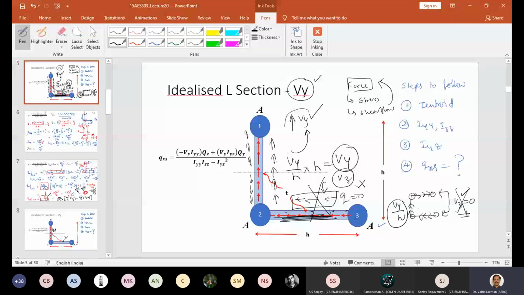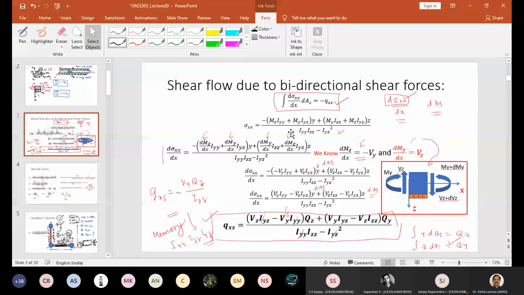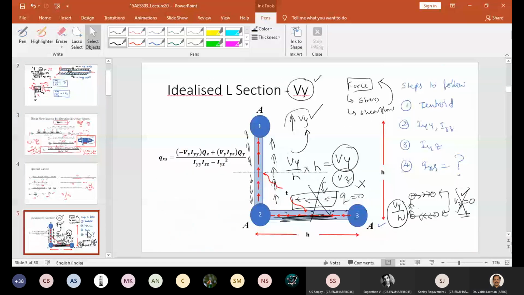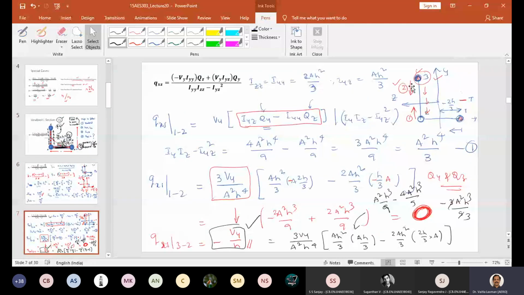Sanjeev Ram. Yes, sir. Sir, why are we having that negative sign? That answer we got, we have a negative sign. Negative means what? Remember what you have taken? We are coming from top to bottom, isn't it? So we are coming from top to bottom.